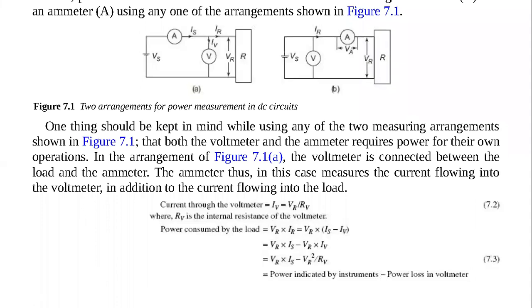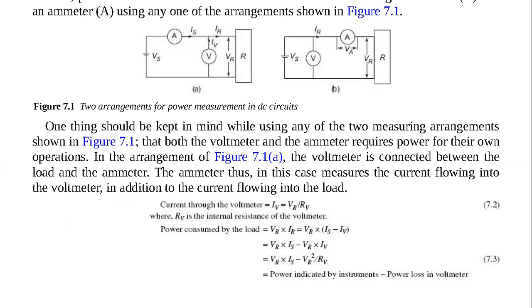This takes us back to the issue of Kirchhoff's current law, and we know that the algebraic sum of the currents that enter a junction is 0. So looking at this junction in figure 7.1a, we can see that we have 3 currents here.